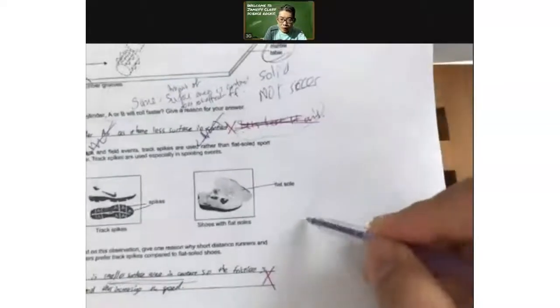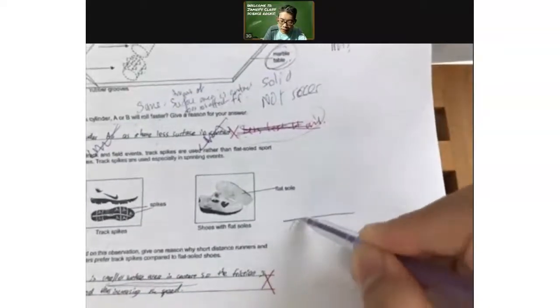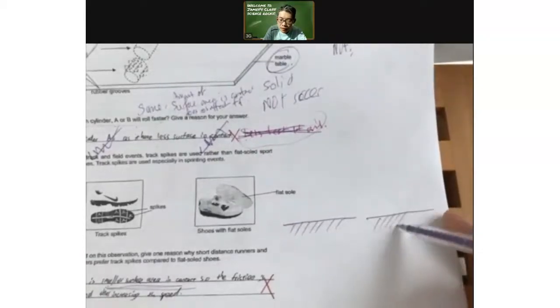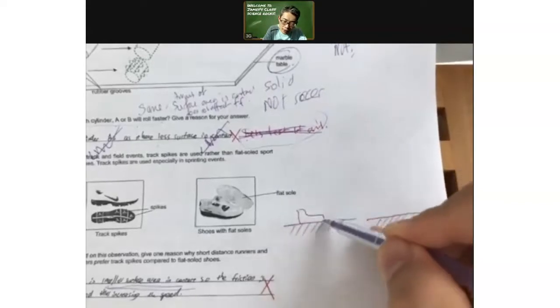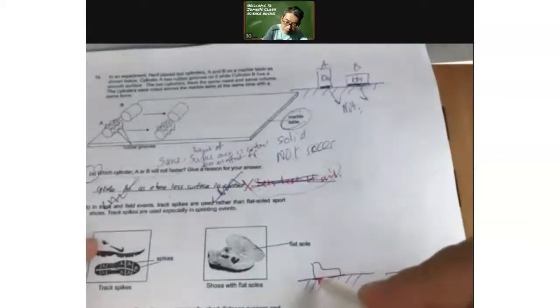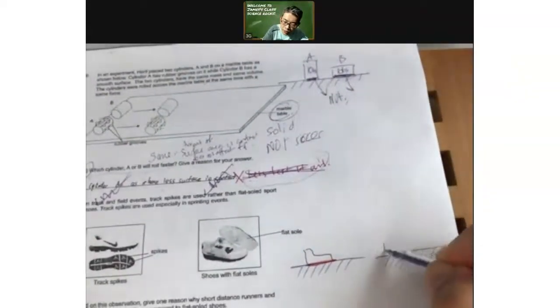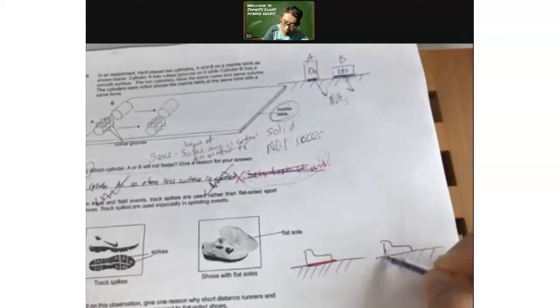Why? For example, if this is the surface, a rubber surface or grass surface, doesn't matter, they are soft surfaces. If I wear a flat sole shoe on it, like this, this will be the surface in contact.